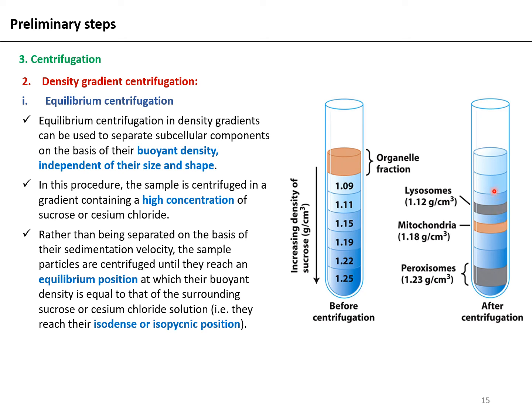So the forces acting on it in both directions will cancel each other out, and it will stabilize at that particular layer. So in case of equilibrium centrifugation, no matter how long you centrifuge, all of your particles will typically not settle down to the bottom of the vessel in which you're centrifuging.